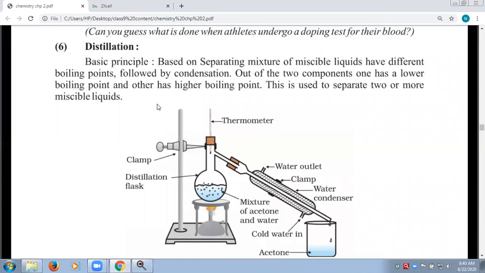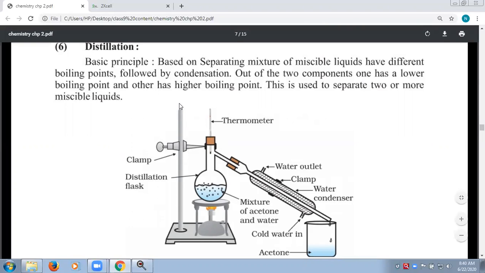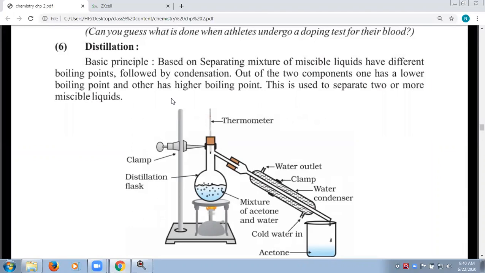The two different liquids of the mixture must have different boiling points. Out of the two components, one must have a lower boiling point and the other a higher boiling point, and the difference in the boiling point must be greater than 20 to 25 degrees Celsius.